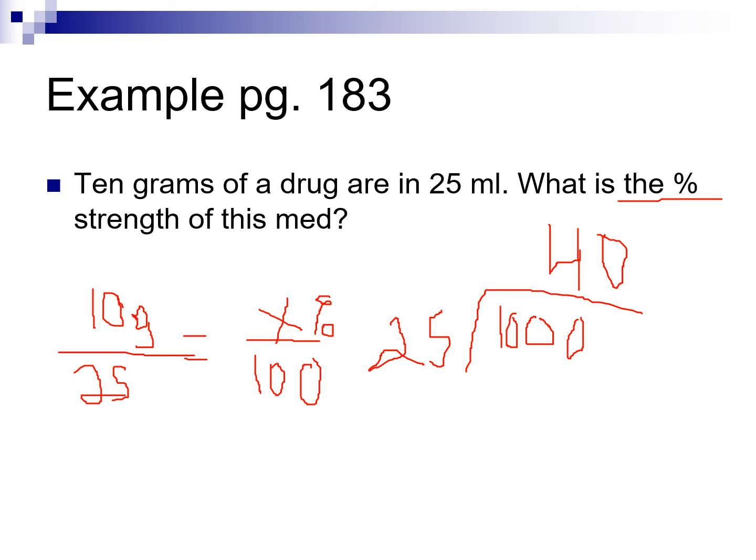So what this is saying is the strength of this medication of 10 grams in 25 mils is 40%. That is one of our examples.